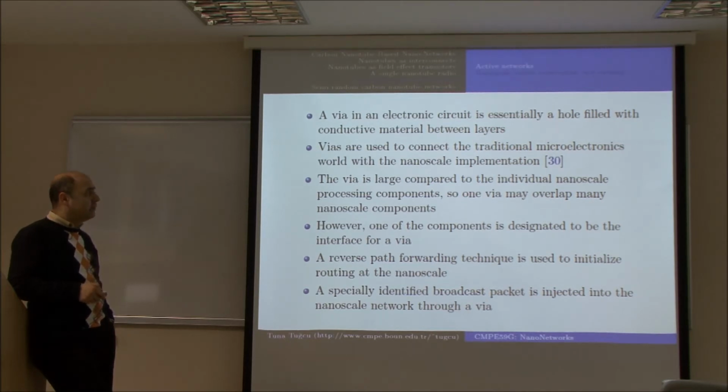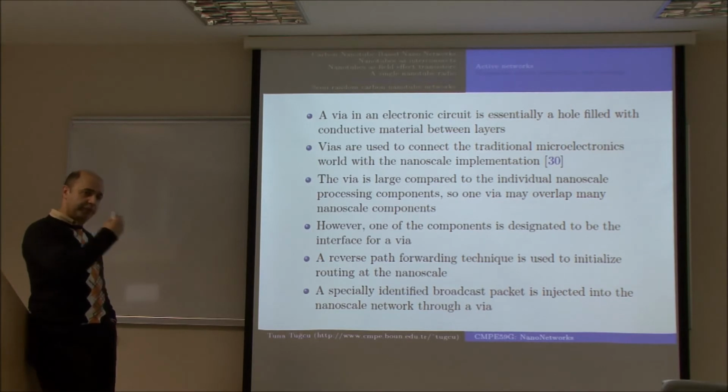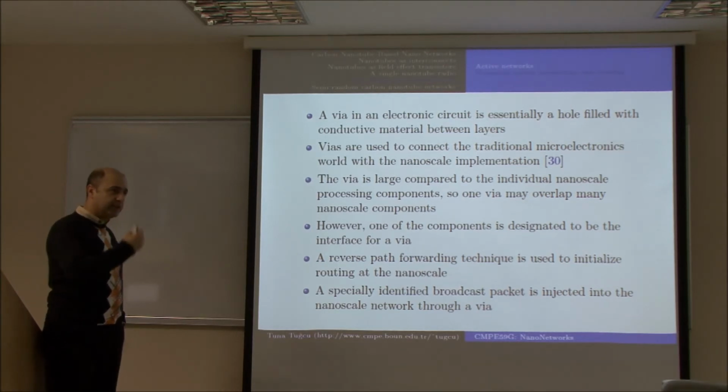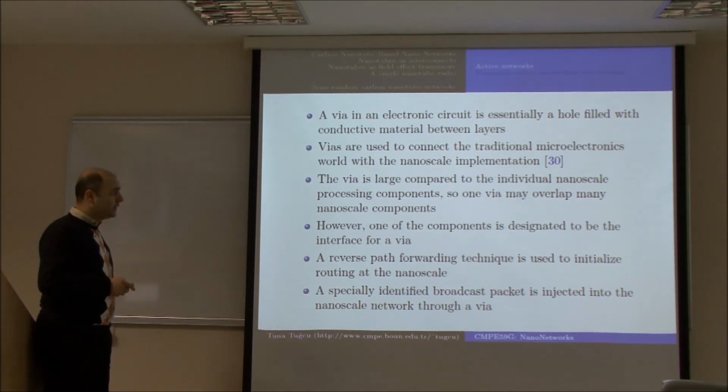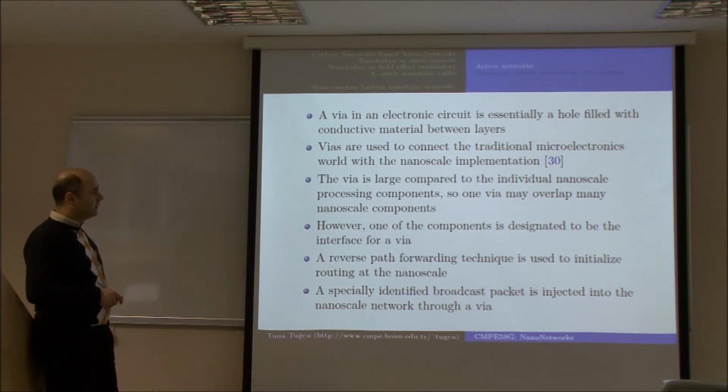So one via may overlap with many nanoscale components. But one of the components will be designated to be the interface to this via. Okay? Whatever comes through the via or whatever needs to be sent through the via, one of the nanoscale components will serve as the interface for this via.